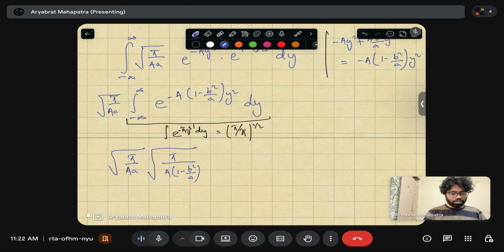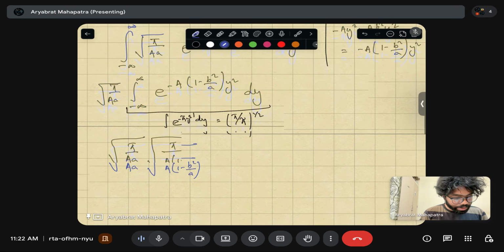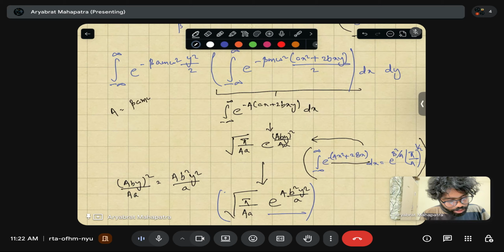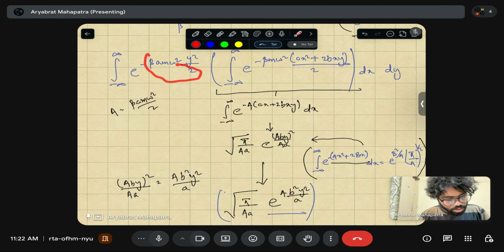Okay, so now if you put the values of a as well. So a, as I was telling, here a is basically for you beta m omega square over 2. So this factor.